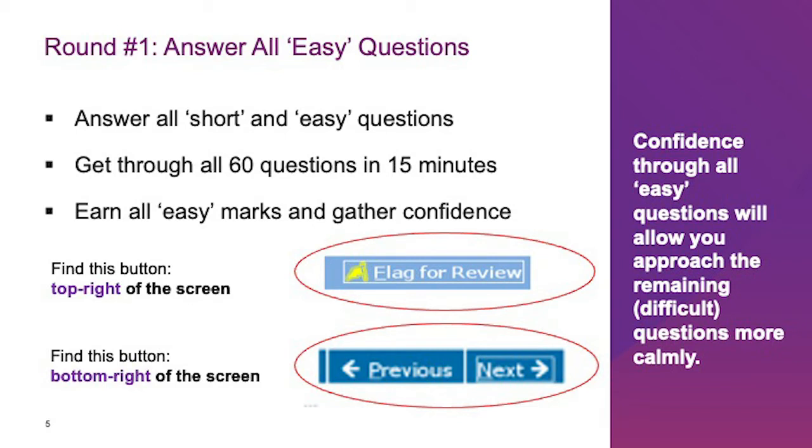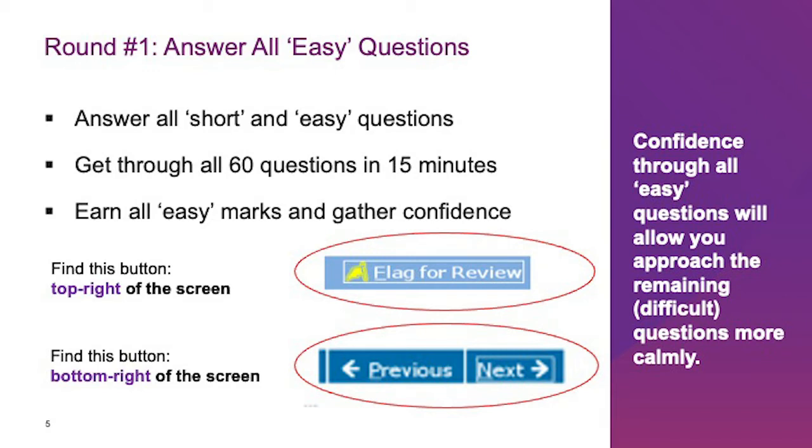If this button is clicked, the icon turns yellow, and at the end of the exam, you will be notified that you have flagged this question for review. The flag will not alter your answer, and if the exam ends with the flags remaining on the questions, those answers will be submitted in their current state.